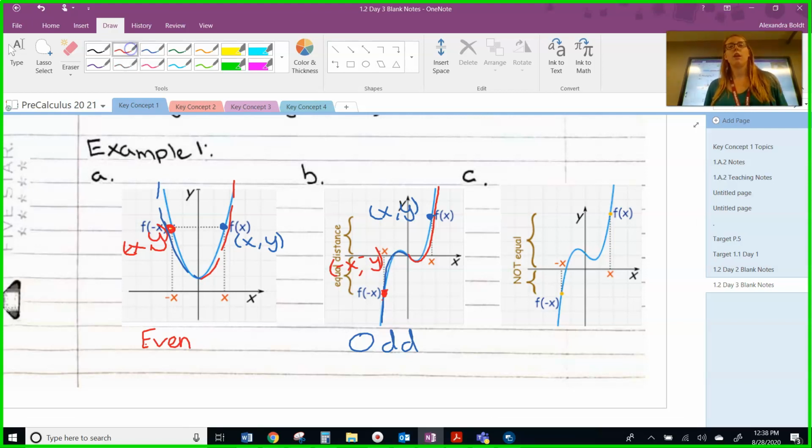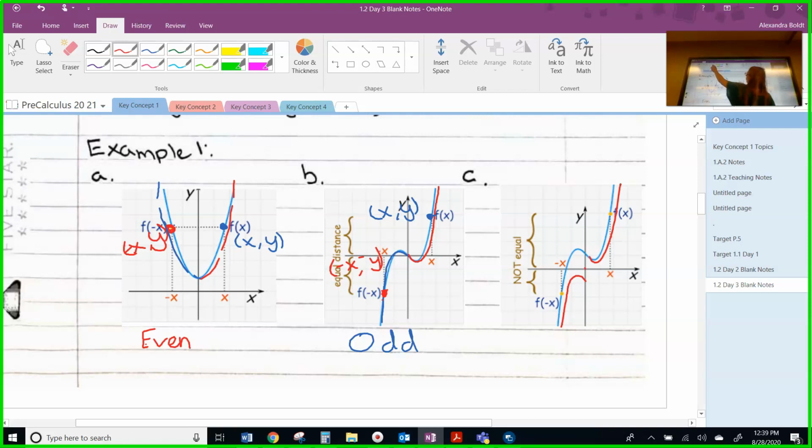If we look at our next one, you can see how it's not really at the origin. If I start here at this point, it doesn't flip correctly. I'd have to jump down here in order to be the same as up here, and that doesn't make sense.